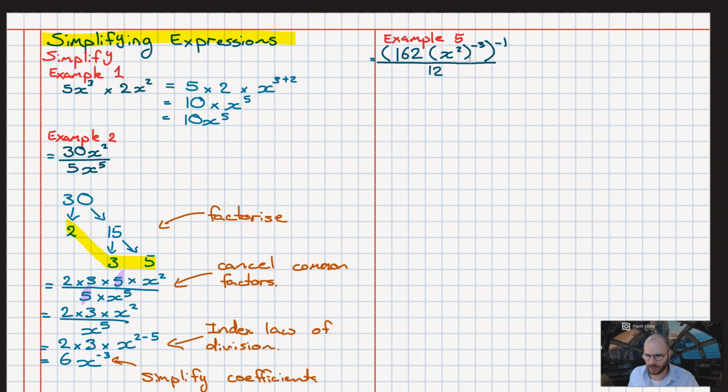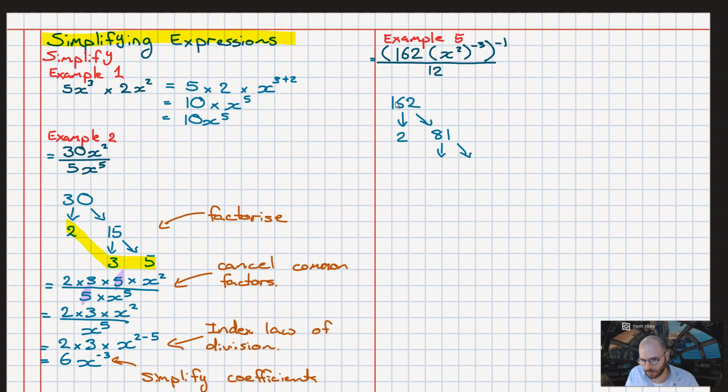So the first point of attack is we'll factorize the two coefficients here, the 162 and the factor of 12. Factorizing 162, our first factor is 2 because it's even, and the result will be 81 left over.